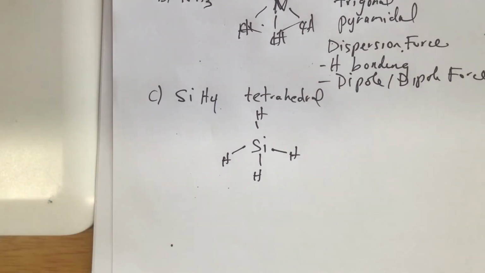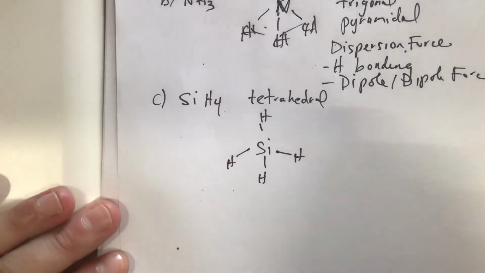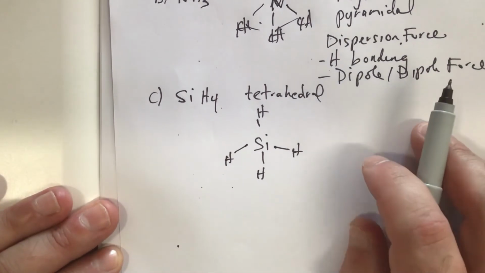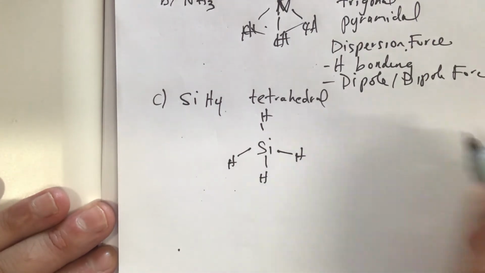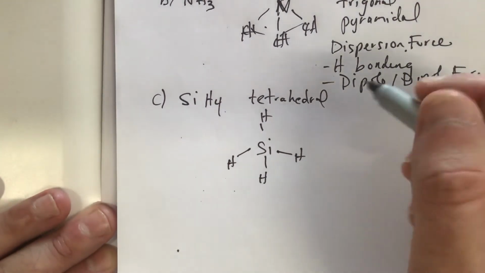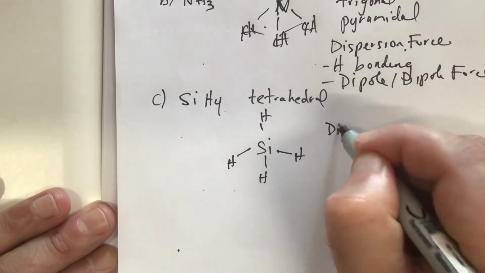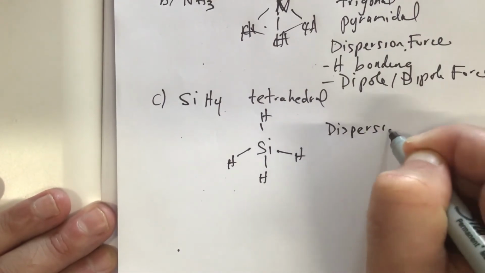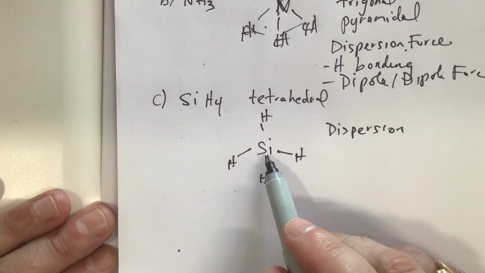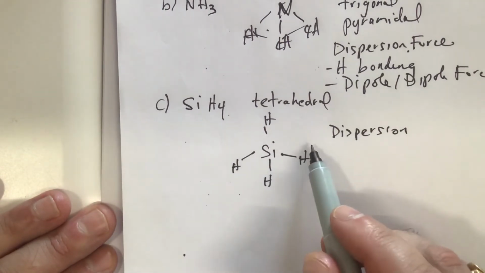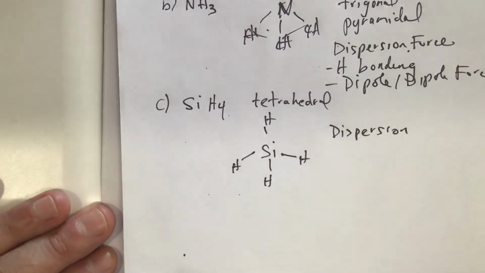With the tetrahedral shape, we've got symmetrical geometry, so we can't have dipole-dipole. We can have dispersion forces here, because all molecules have dispersion forces. So no dipole-dipole. If we can't have dipole-dipole, then we can't have hydrogen bonding, and this is the case here.